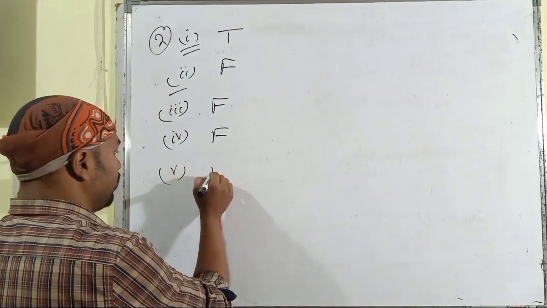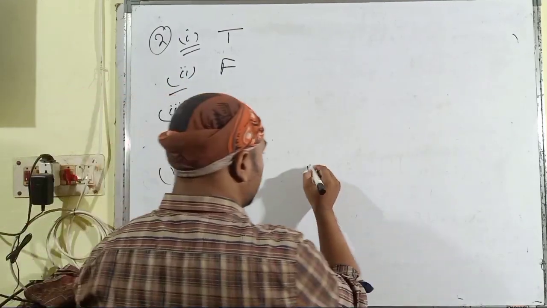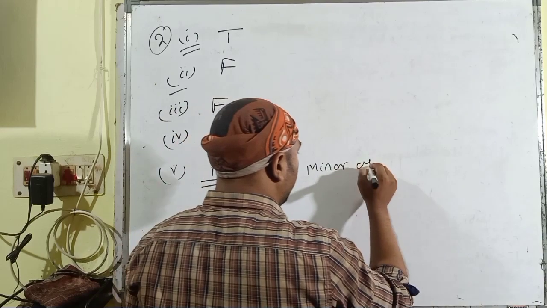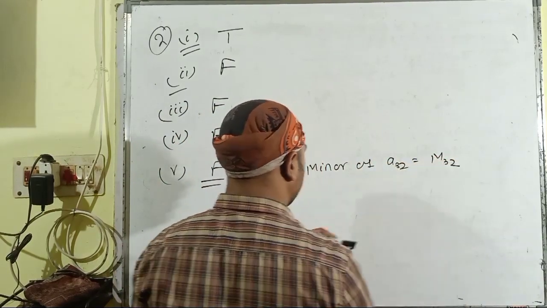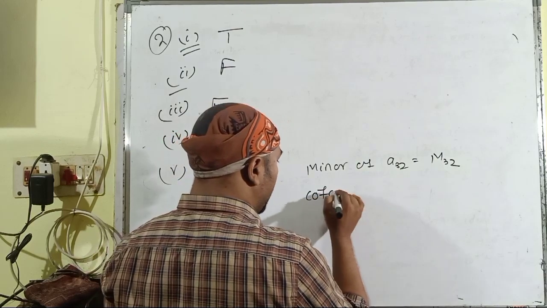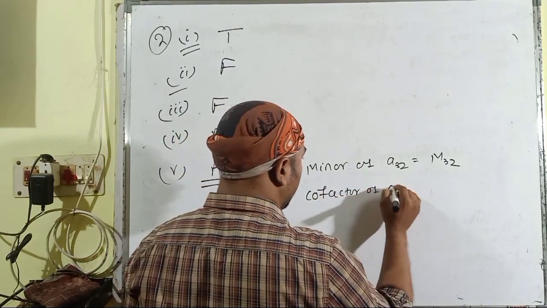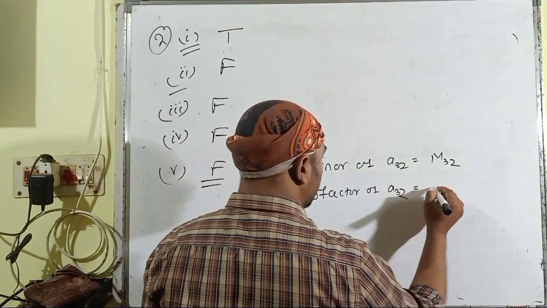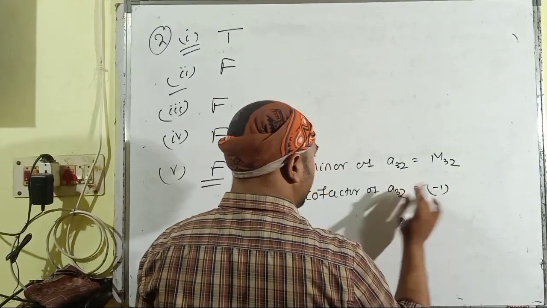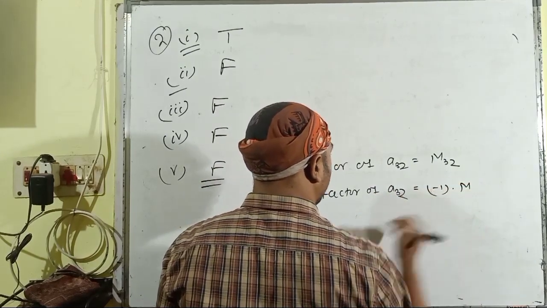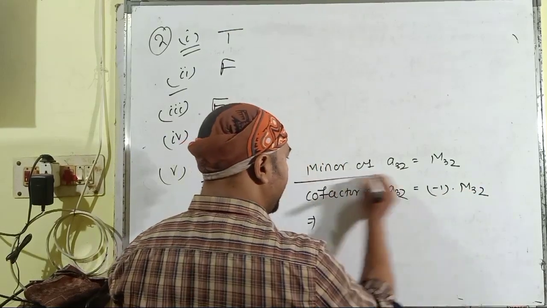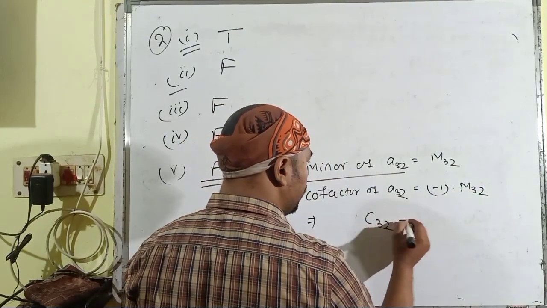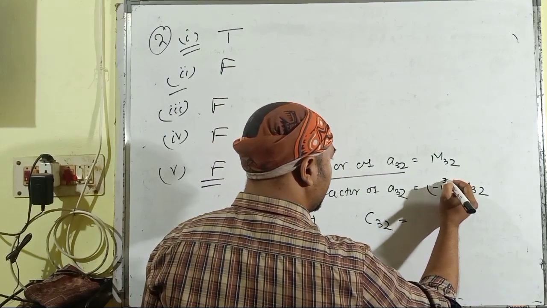Let us discuss it. This is false. Because the minor of A32 is M32. The cofactor of A32 is C32, and that is equal to minus 1 to the power 3 plus 2 multiplied with the minor M32.